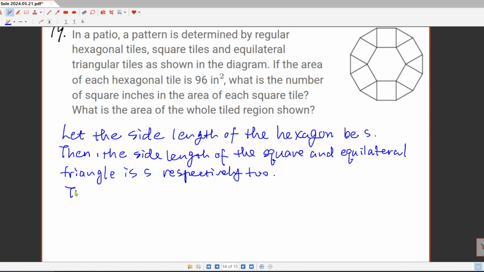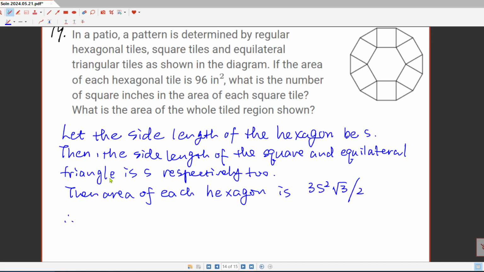So we know the area of each hexagon is 3S squared root 3 over 2. We can calculate this easily if you know the side length of a hexagon, right?